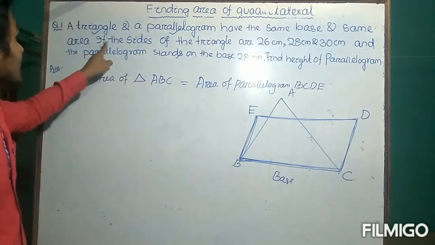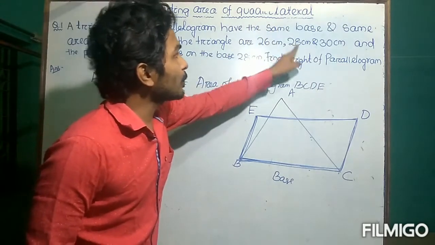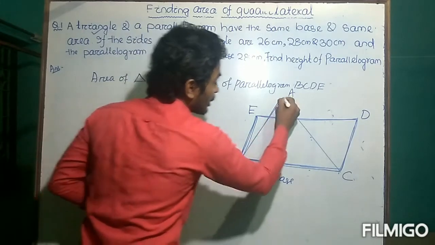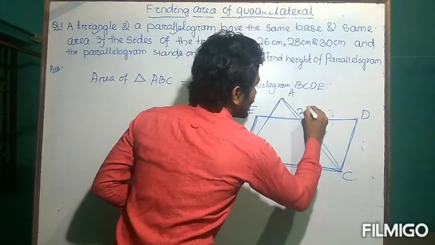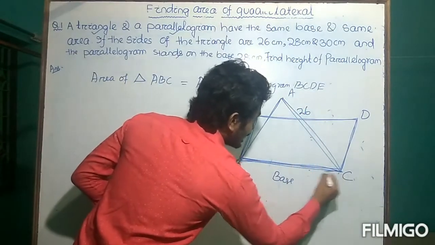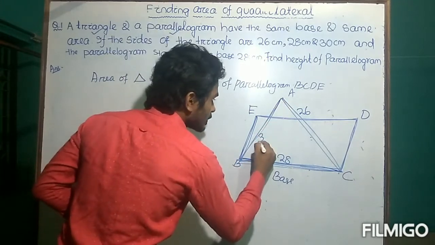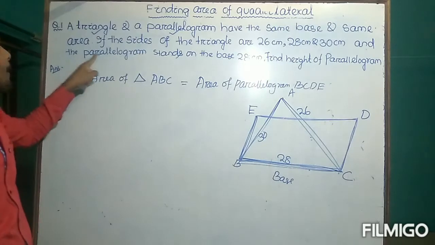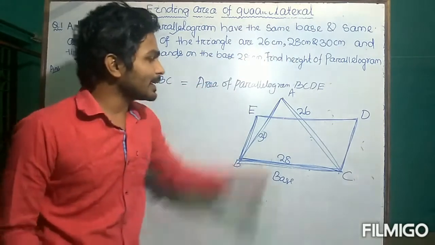Now, the sides of the triangle are 26, 28, 30. Since this is the triangle, its sides are: this is 26, this BC side is 28 and this side is 30. And the parallelogram stands on the base 28 centimeters.